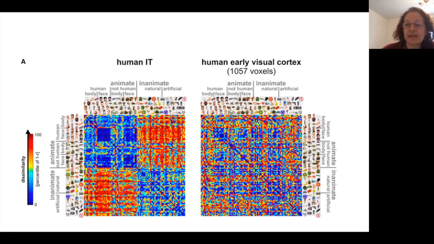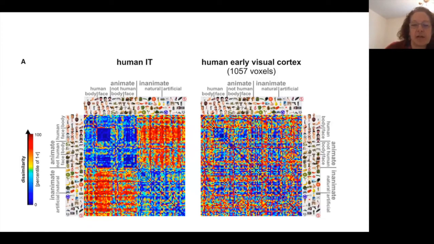So there's not a lot of structure in this rightward RDM. You can't, just by looking at activity, classify, for instance, animate from inanimate. And this is the kind of thing that you would expect, because the low-level visual properties of objects are very variable and not necessarily correlated with category structure.